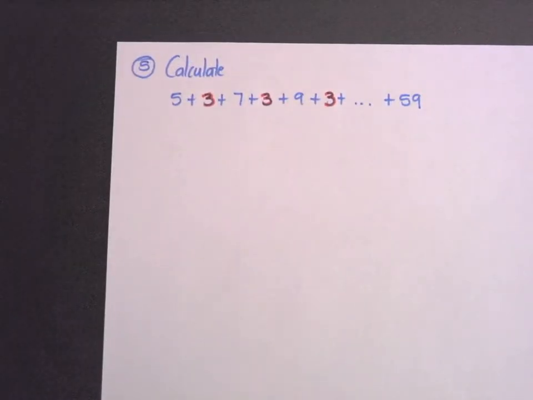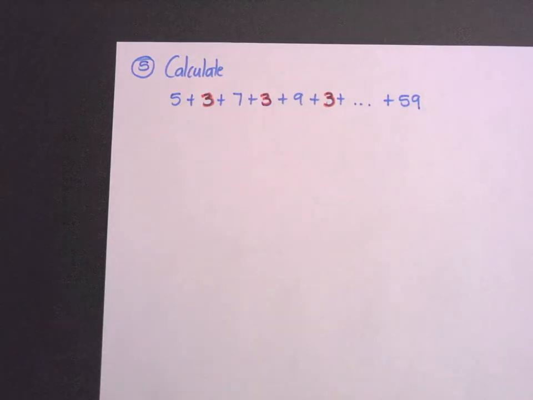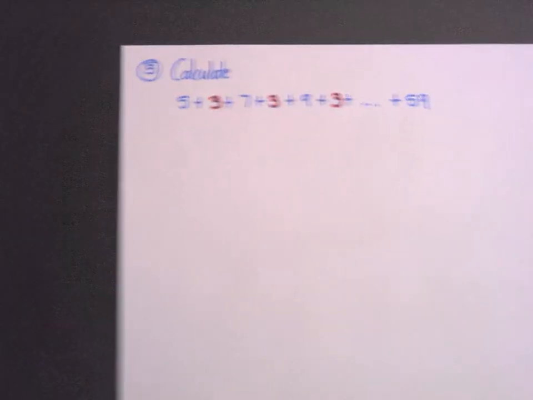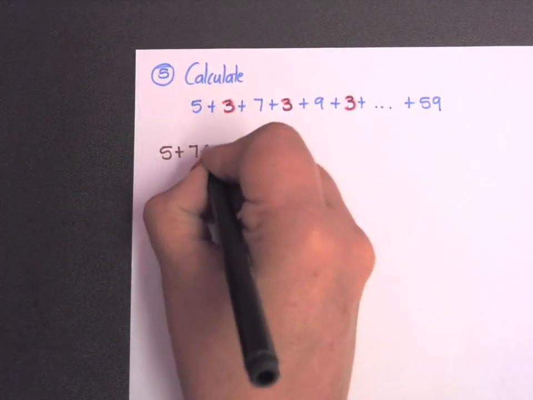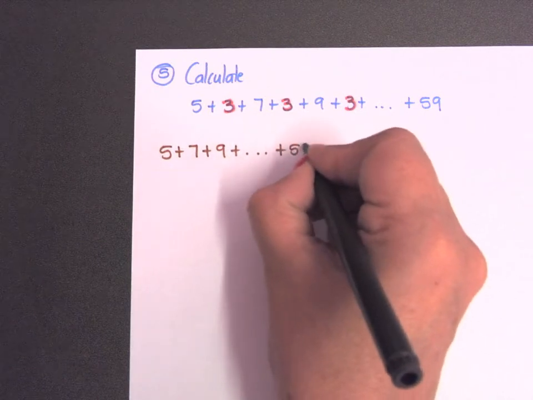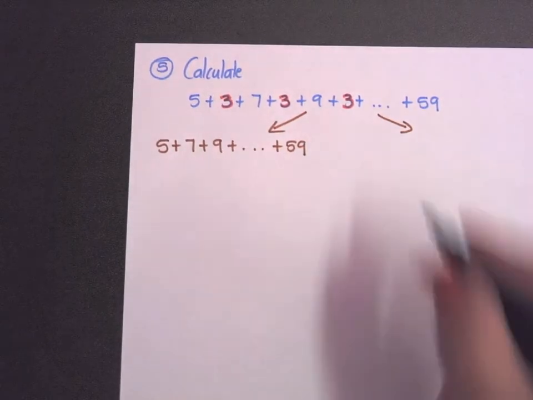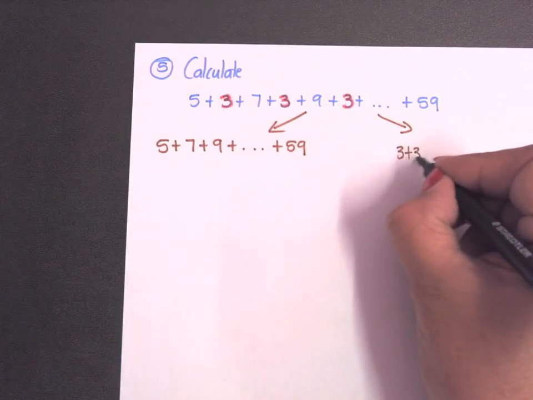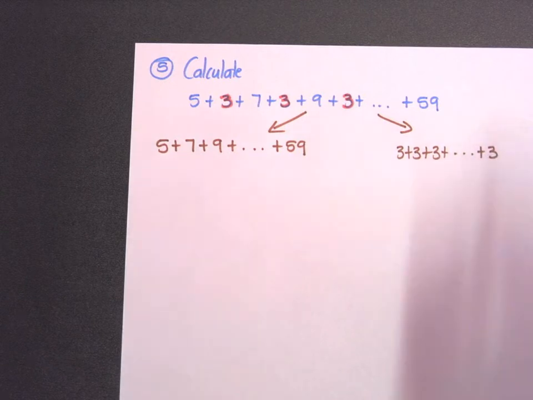So we're going to split this series into two series. The one with all the odd numbers, 5 plus 7 plus 9 up to 59, and all the threes, 3 plus 3 plus 3 plus our last 3.